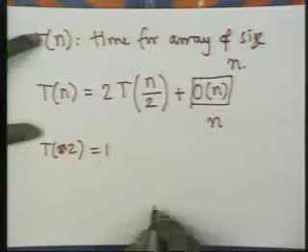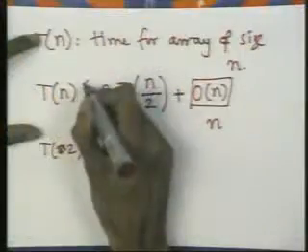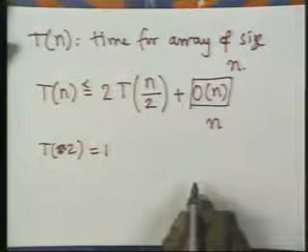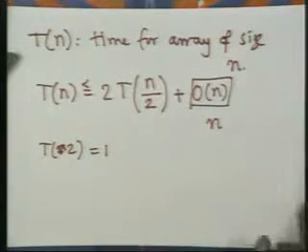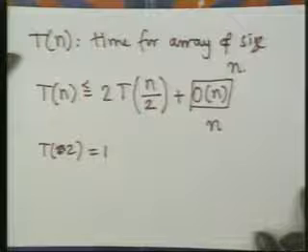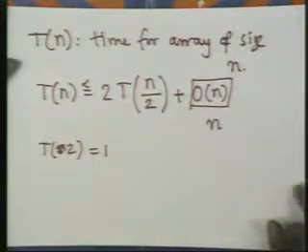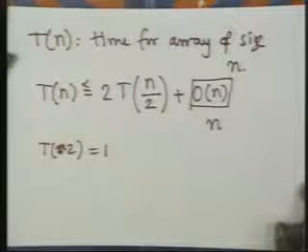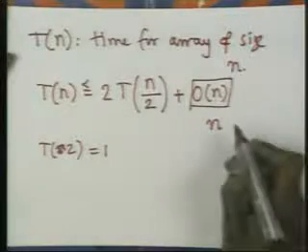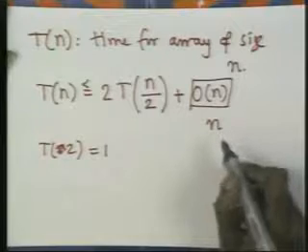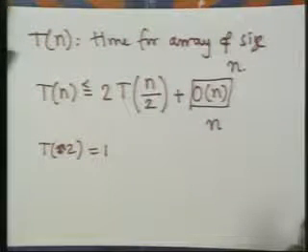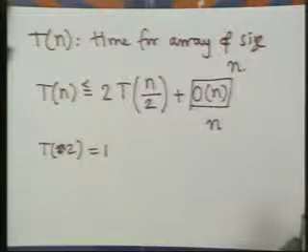Well, I should strictly write T(n) is less than or equal to 2T(n/2) plus order n, if I'm writing comparisons, for the simple reason that if I have two arrays which are not of equal size, then I could use less than n.